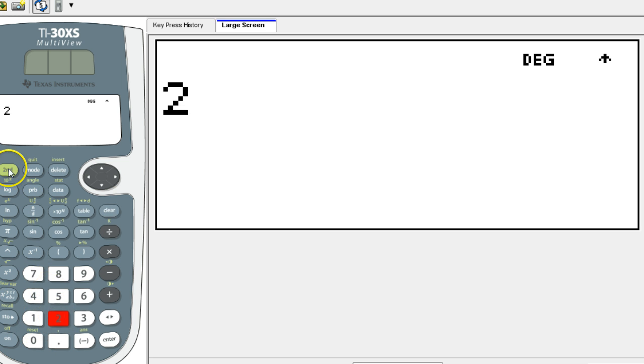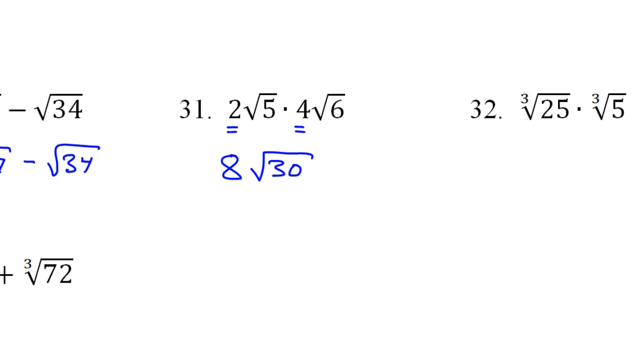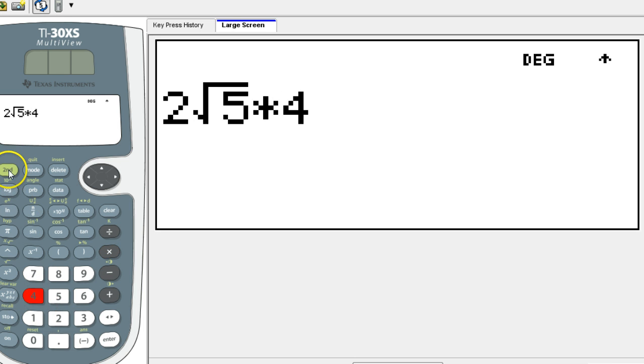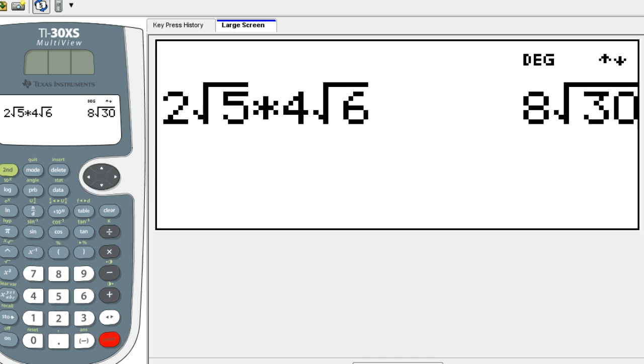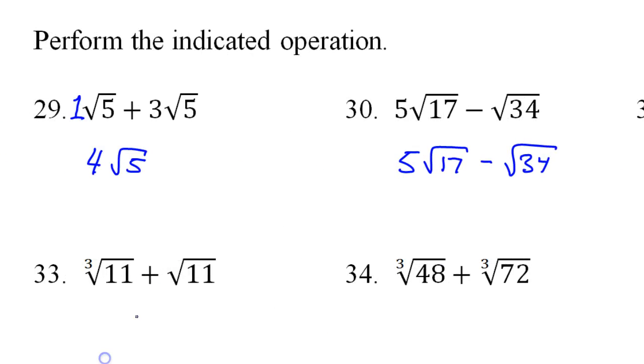If I did 2 radical 5 times 4 radical 6, I'm seeing 8 radical 30, which is what we came up with. So in general, most of the time your calculator will do square root functions.